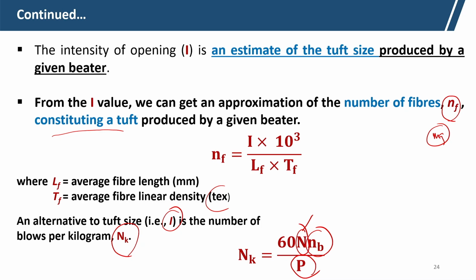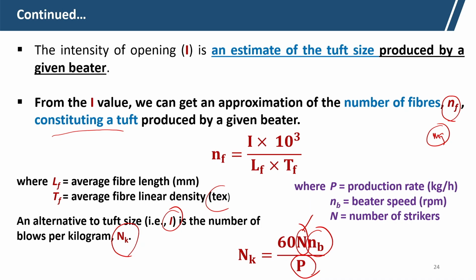From there we can calculate the number of blows per kilogram. In 1 kilogram, how many blows we are giving. So, P is the production rate in kg per hour, Nb is the beater RPM, and N is the number of strikes per revolution.